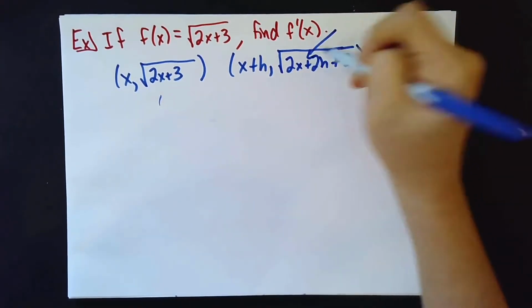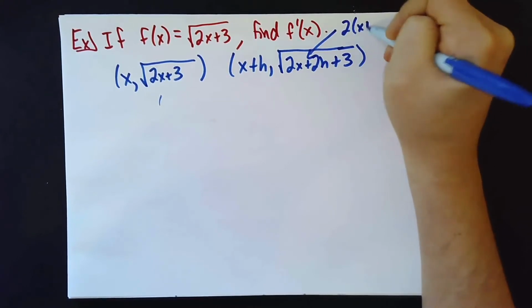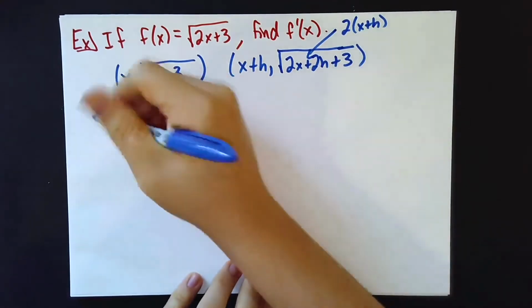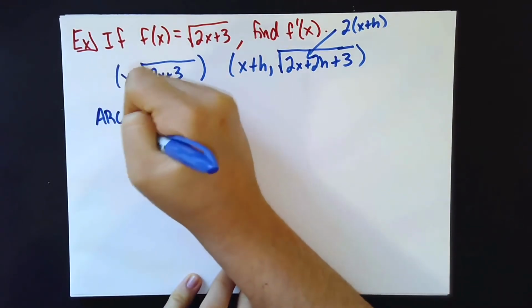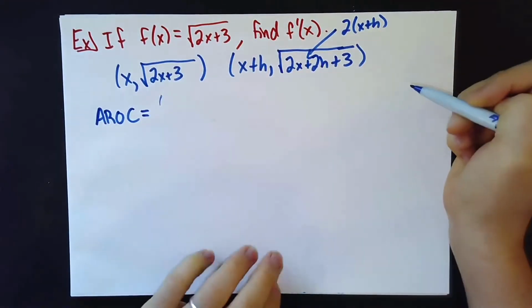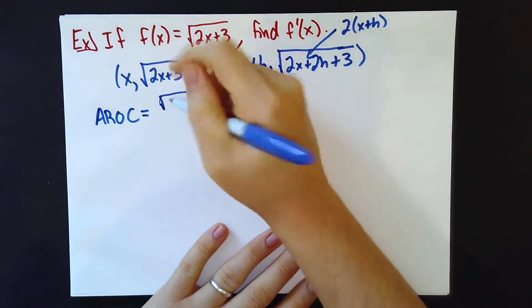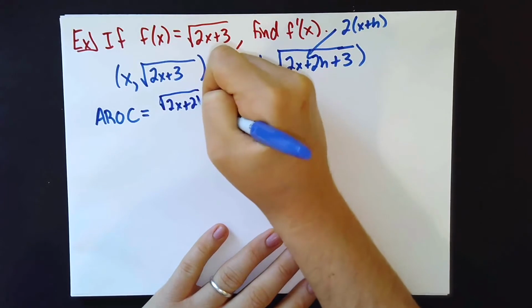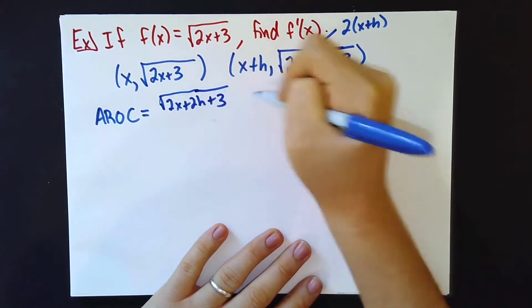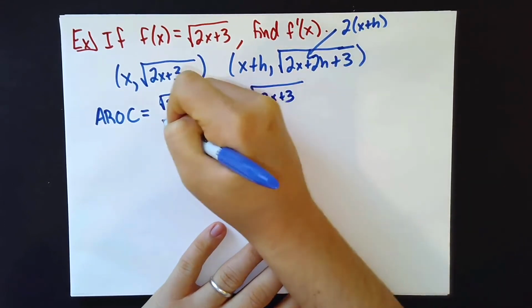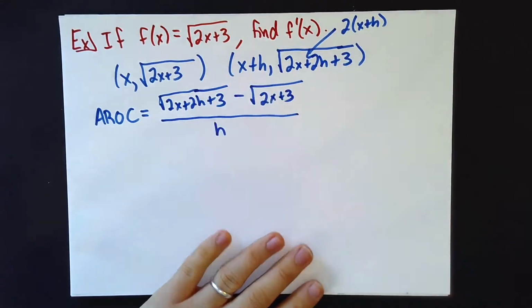Okay, this in here came from the fact that I got 2 times x plus h. So now we have our 2 points, so we can write down our average rate of change. And that is going to be the square root of 2x plus 2h plus 3 minus the square root of 2x plus 3, all divided by h.